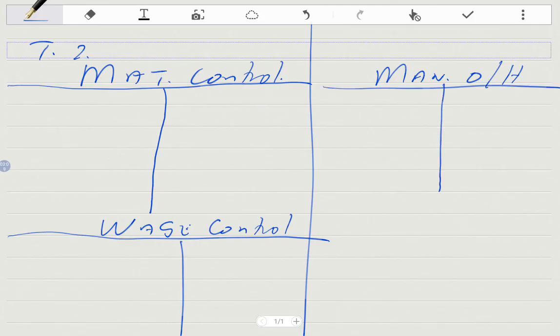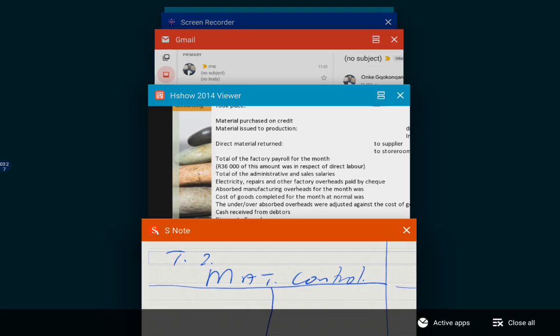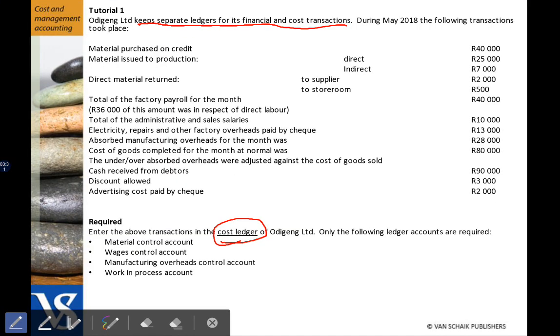Lastly, we've got the work in process account. So these are the 4 accounts that they said to focus on. But now you'll see the change when we're using the interlocking accounting system.